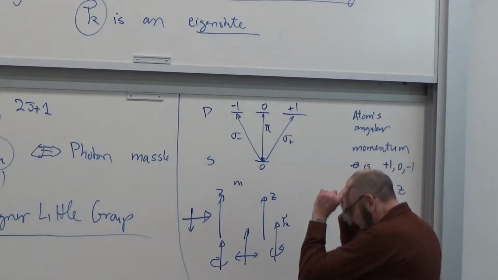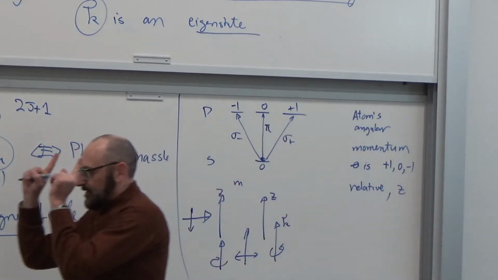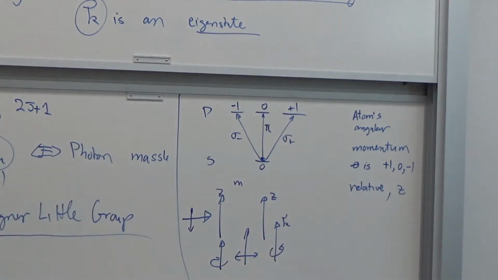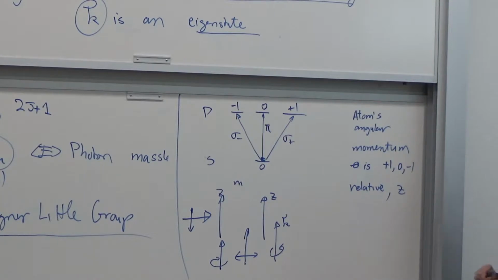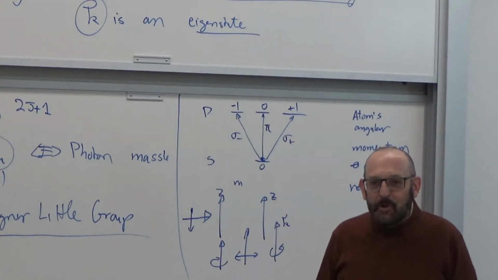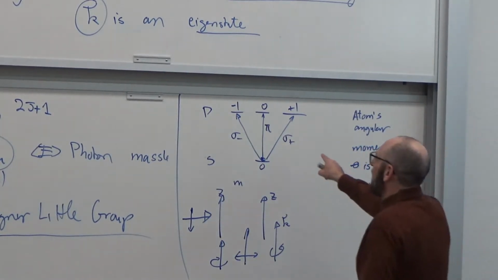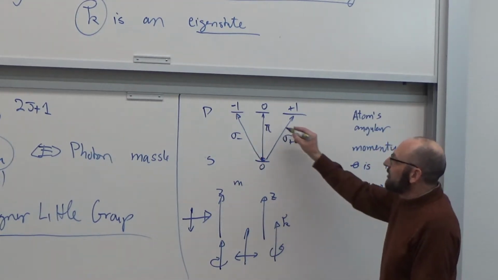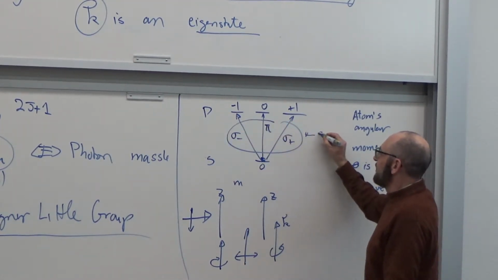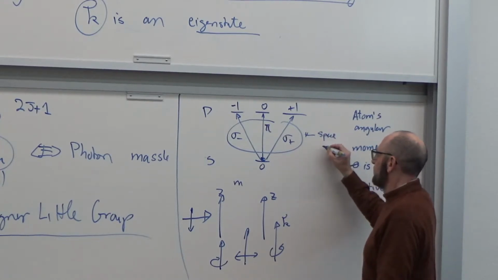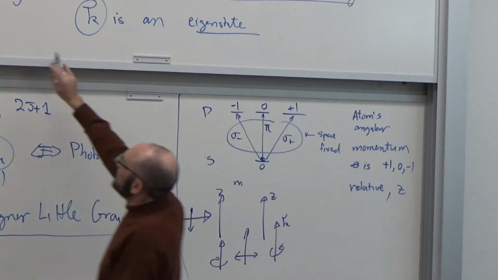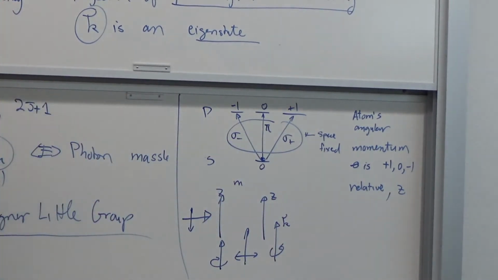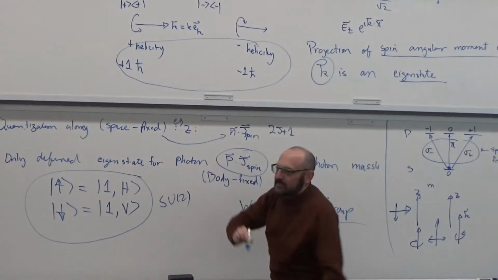So this is something that laser physicists often get confused about, in my experience: what we mean by pi, sigma plus, sigma minus, relative to right hand, left hand, and linear polarization. Pi, sigma plus and minus are relative to the space-fixed axis, whereas helicity is defined with respect to the body-fixed axis, the body of the photon.